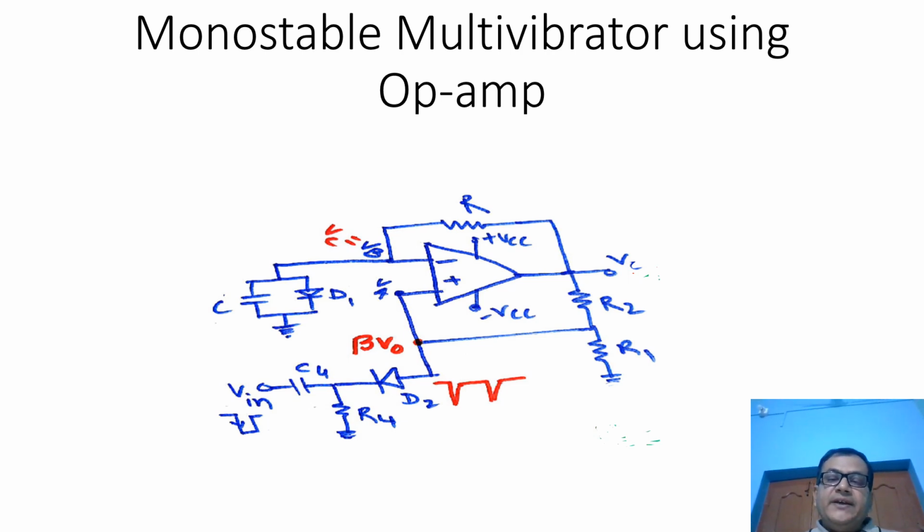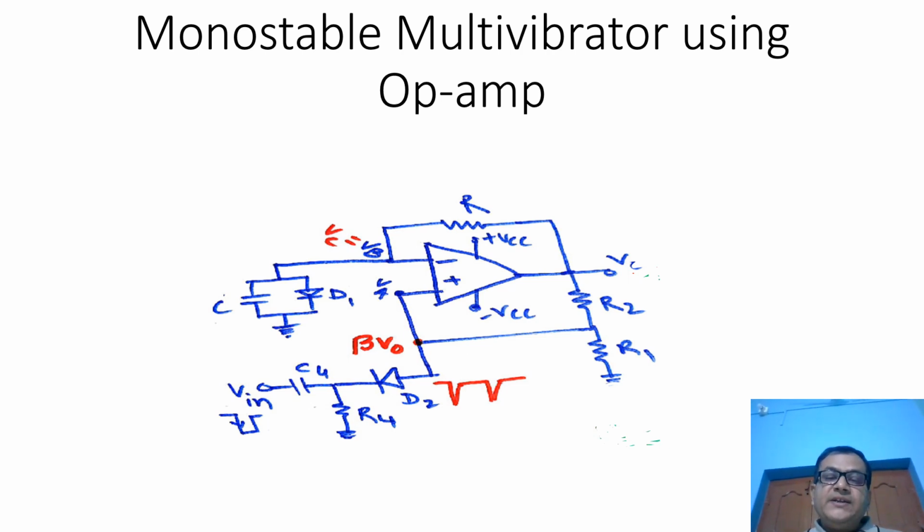Now this R2 and R1 is a voltage divider circuit. So if the output voltage is V naught, the voltage of the midpoint of R2 and R1 is R1 by R1 plus R2, which can be referred to as feedback fraction, that is beta.